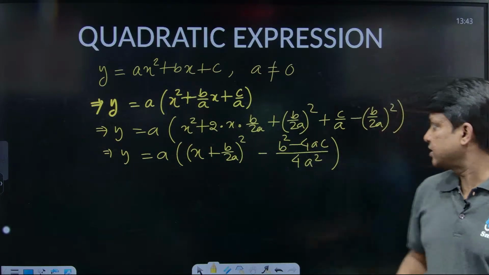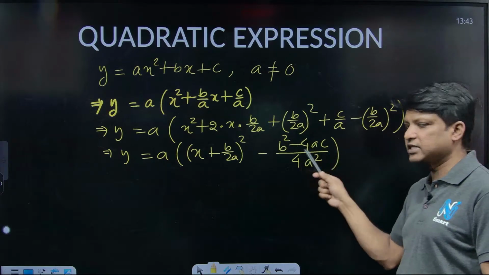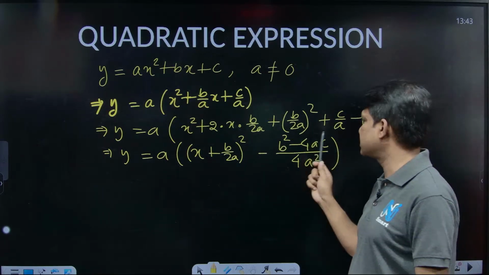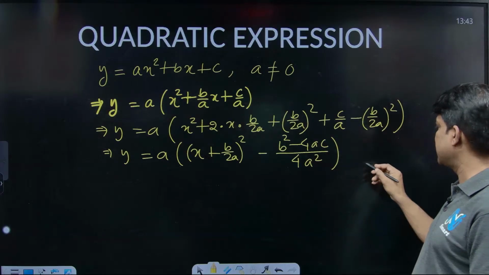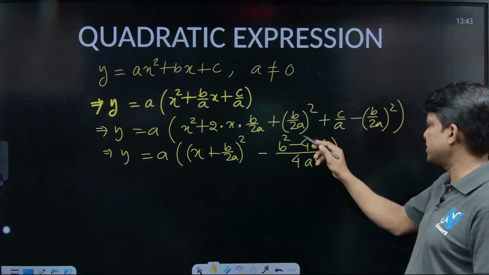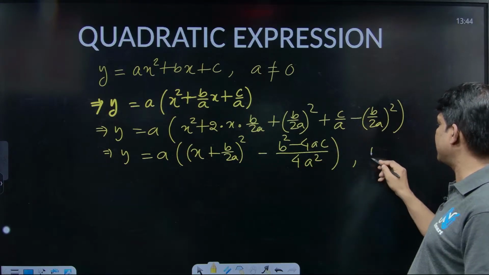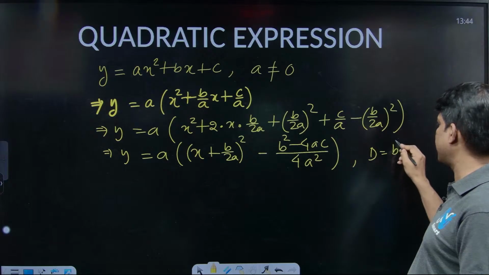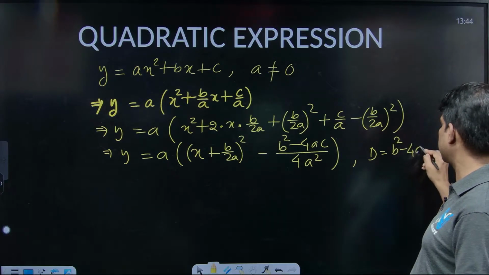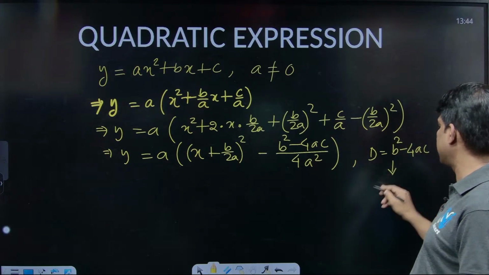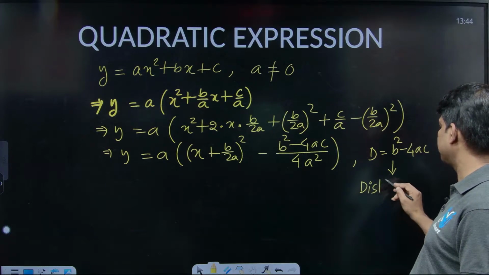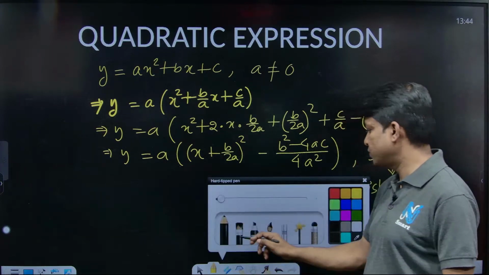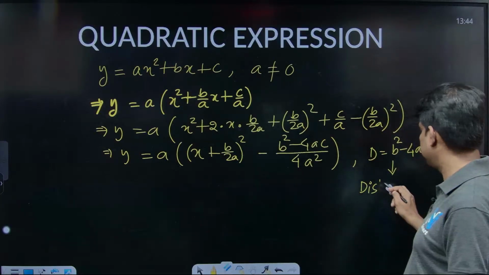Yesterday we discussed what that quantity b square minus 4ac is. This is called the discriminant. We learned that the discriminant D is equal to b square minus 4ac. Discriminant.